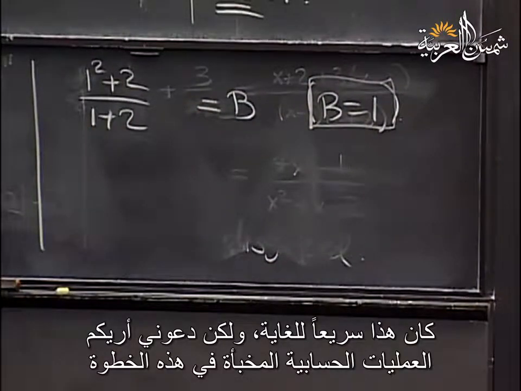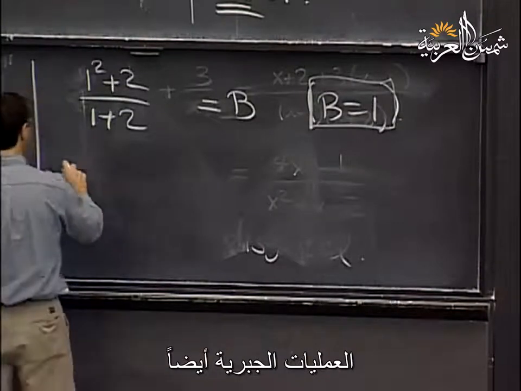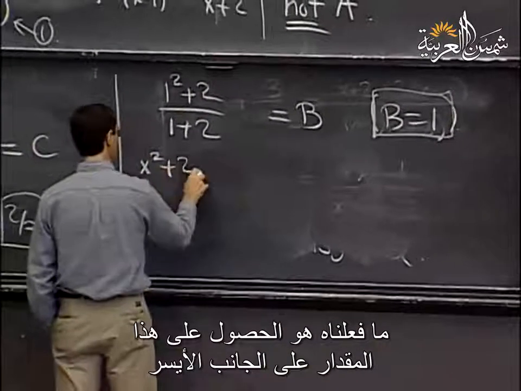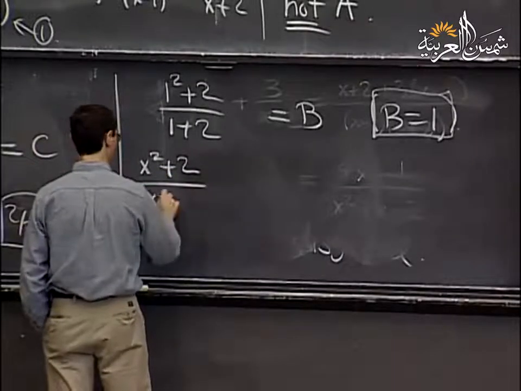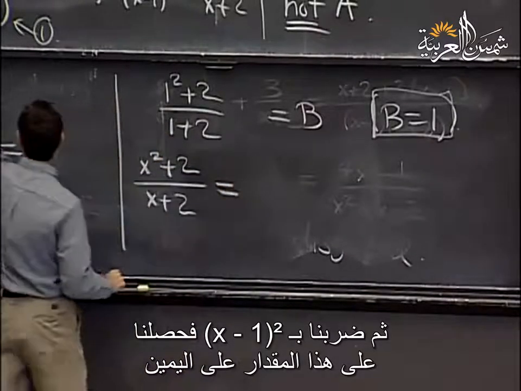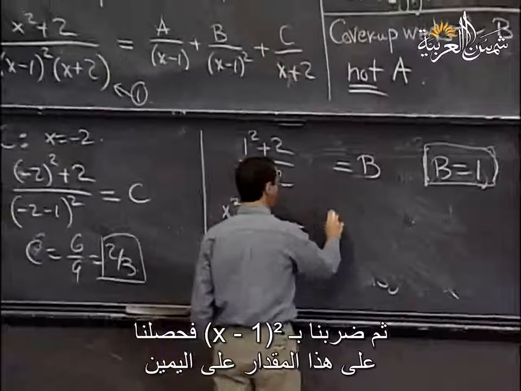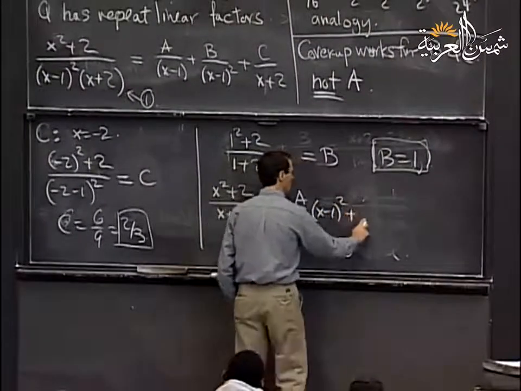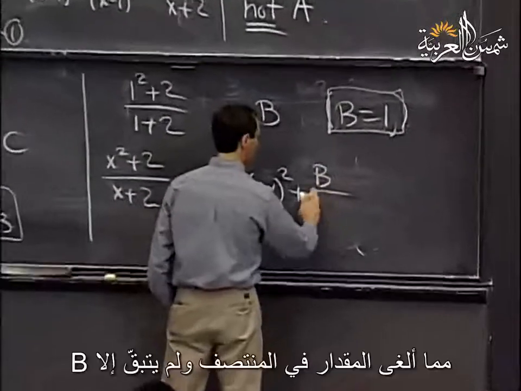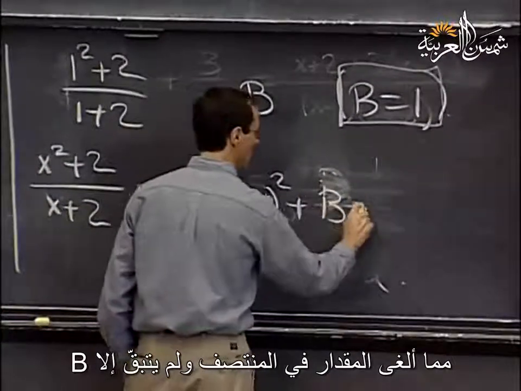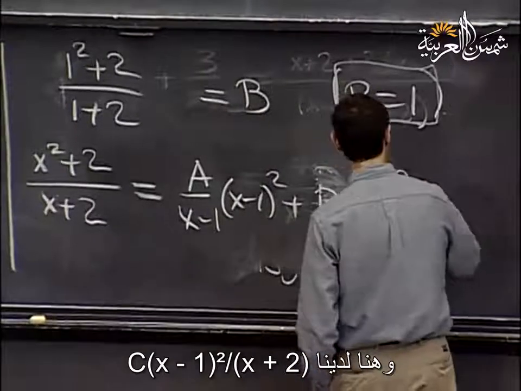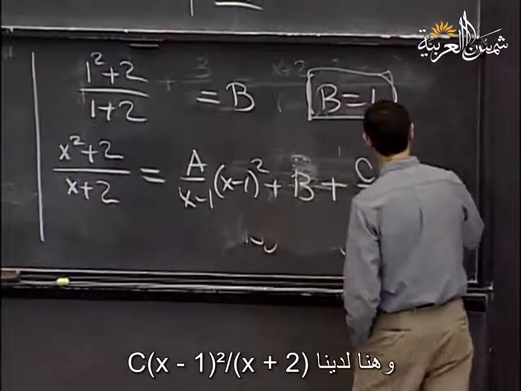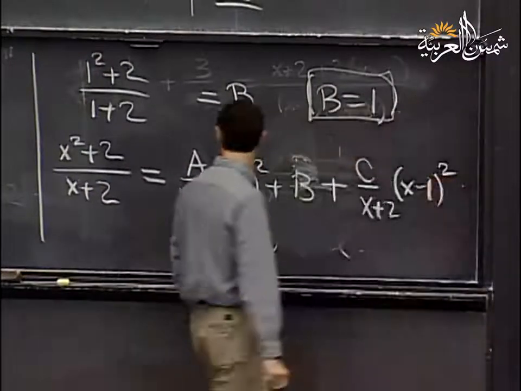Now, that was pretty fast, so let me show you what arithmetic was hiding behind that, what algebra was hiding behind it. What I was really doing is this, and multiplying through by x minus 1 squared, so I got this. So this canceled here, so this b just stands alone, and then I have here c x plus 2 x minus 1 squared.